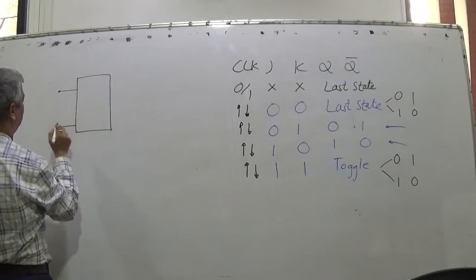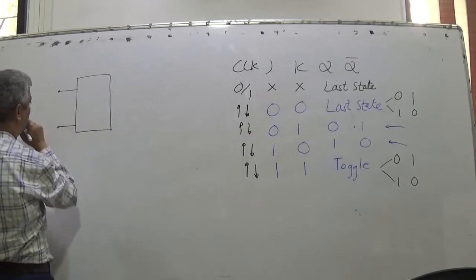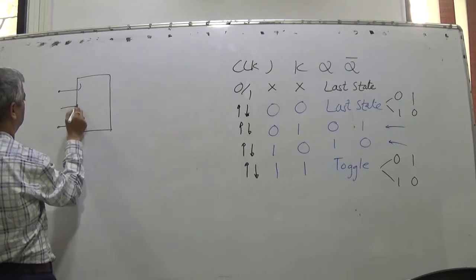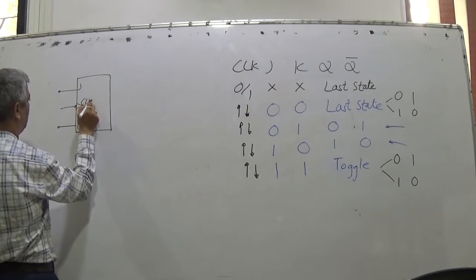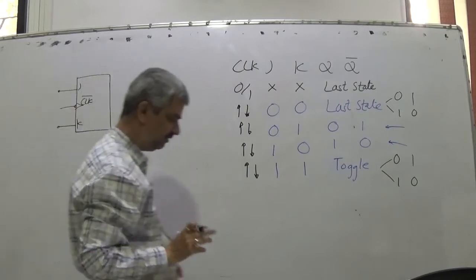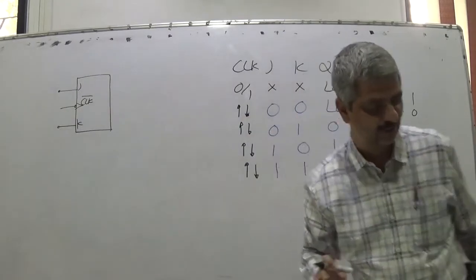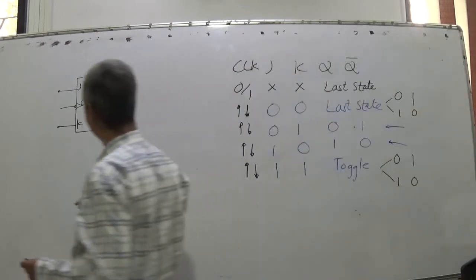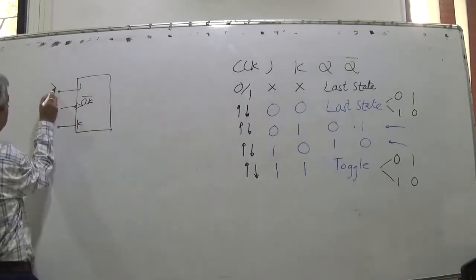Now, this is J, this is K, this is clock. Bubble indicating active low, clock bar. So for J and K, I can have a one-pole two-way switch.